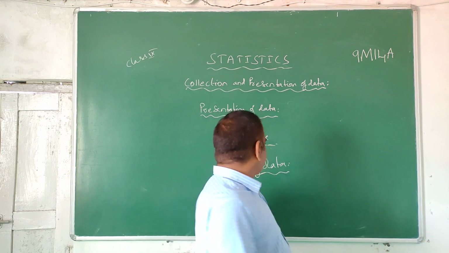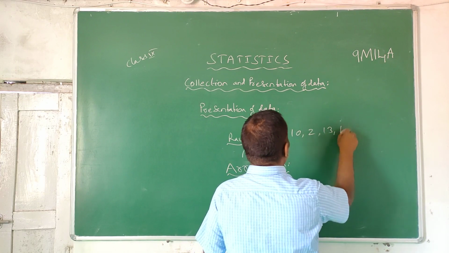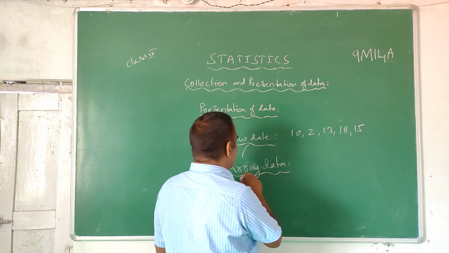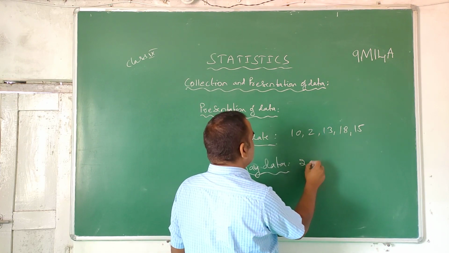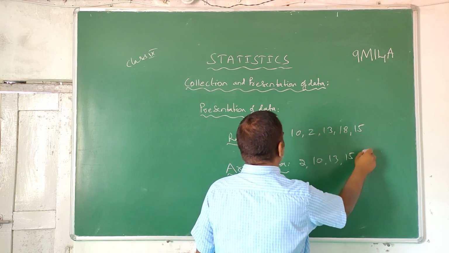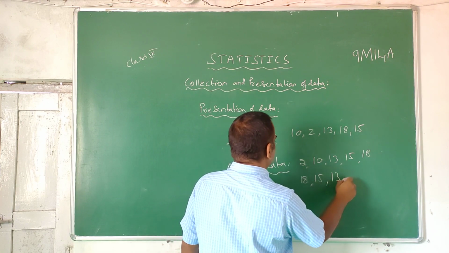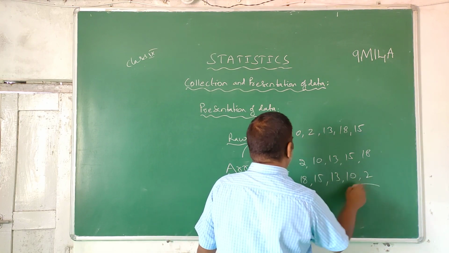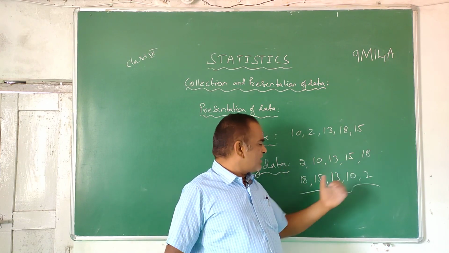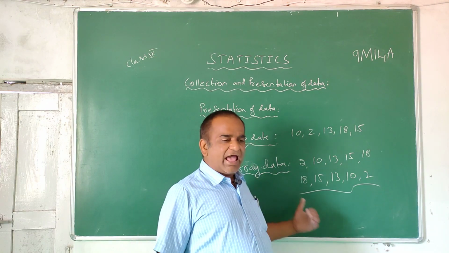For example, raw data is 10, 2, 13, 18, 15. That is raw data. So array data is 2, 10, 13, 15, 18, or 18, 15, 13, 10, 2. Here you are arranging the raw data in ascending or descending order, then it is called arranged data or array data.